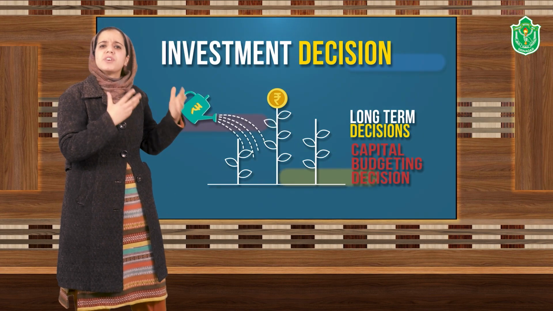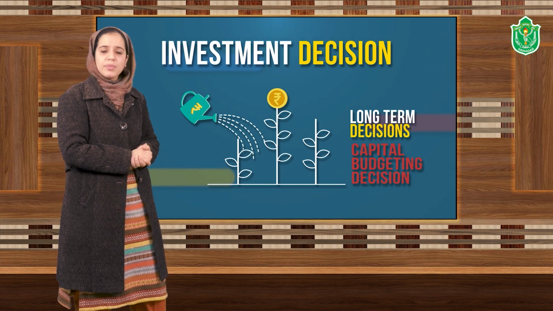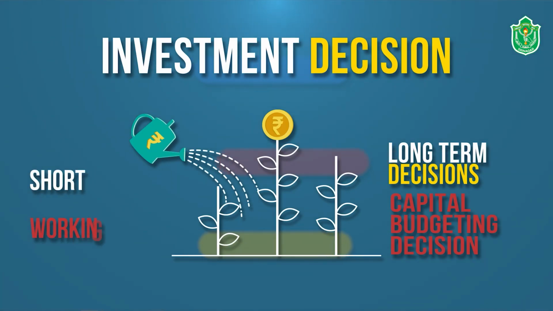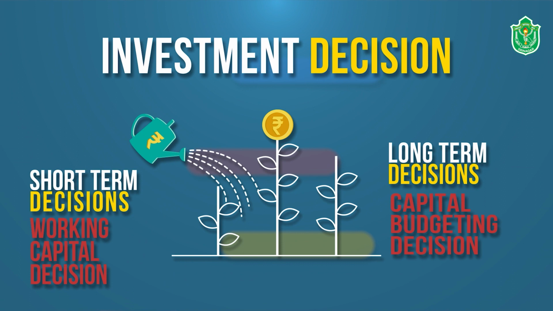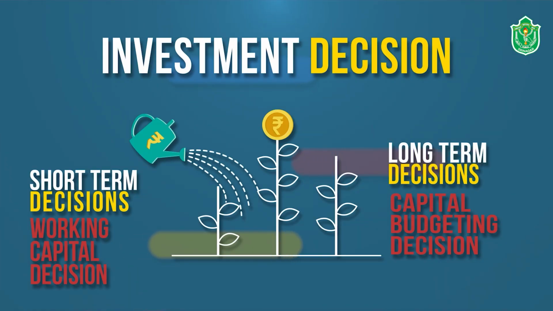They are irreversible except at huge cost. And next is the short-term decision, or the working capital decision, which affects the day-to-day functioning of the business.